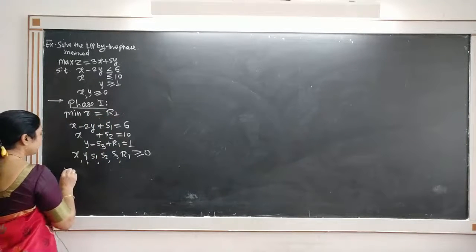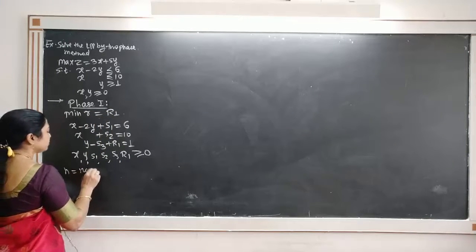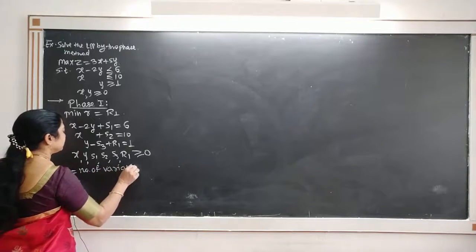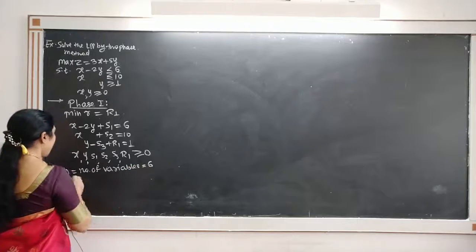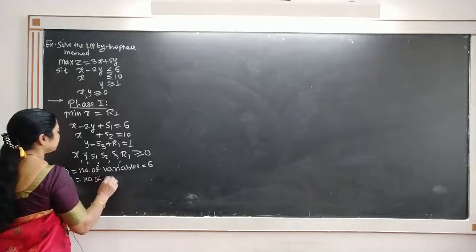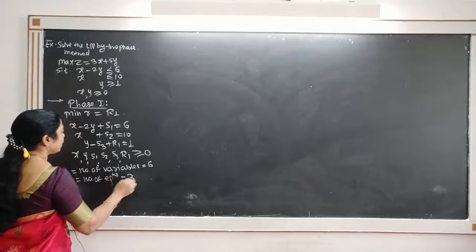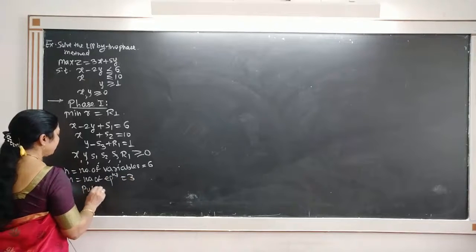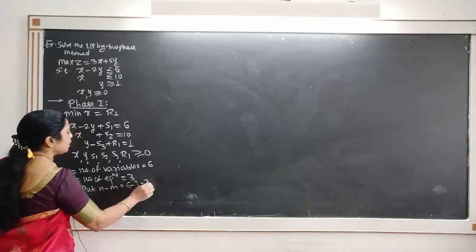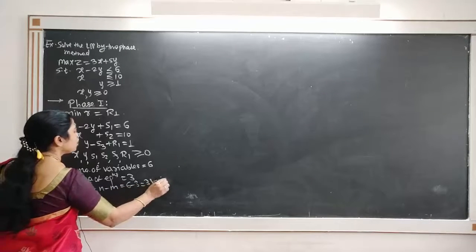Now n, that is number of variables, equal to 6, m, that is number of equations, equal to 3. Therefore put n minus m, that is 6 minus 3, that is 3 variables, equal to 0.